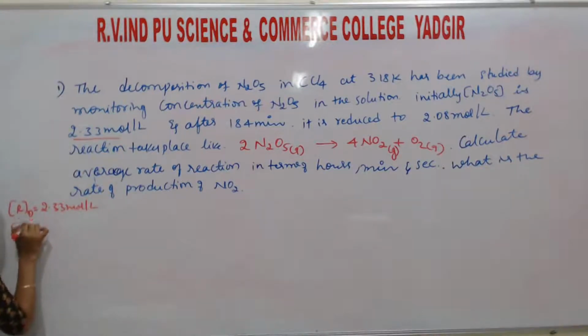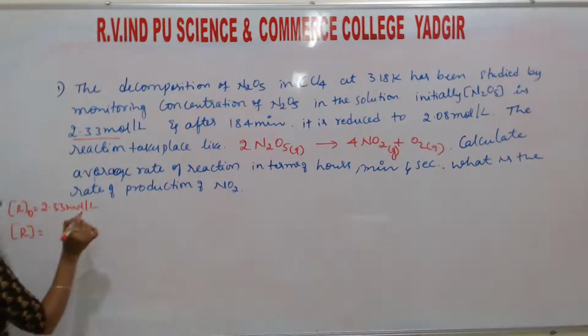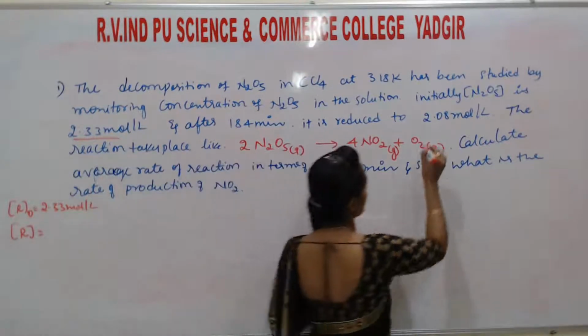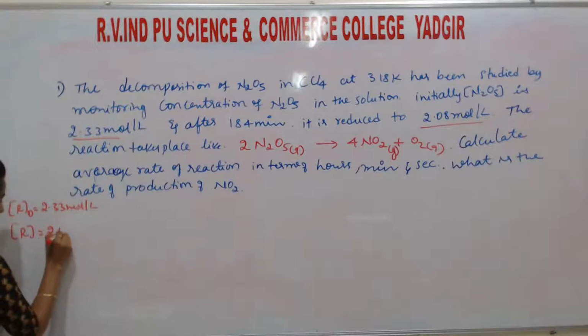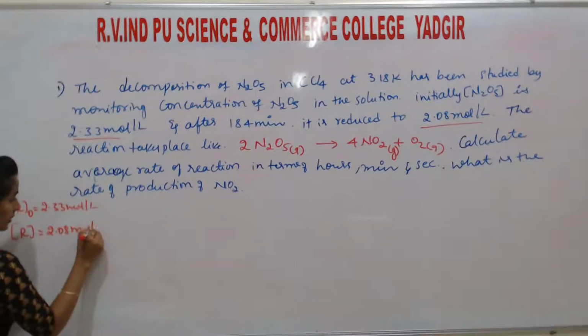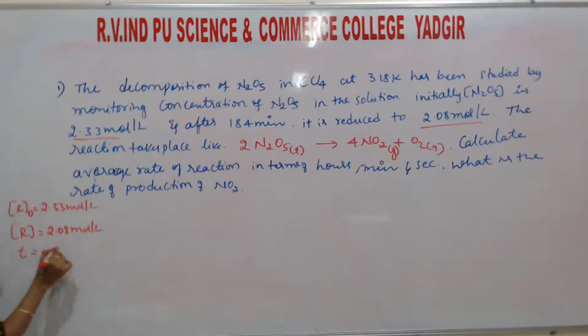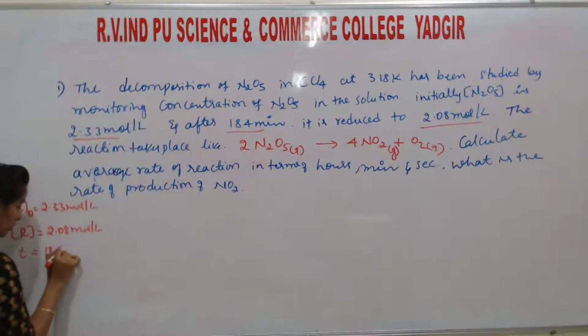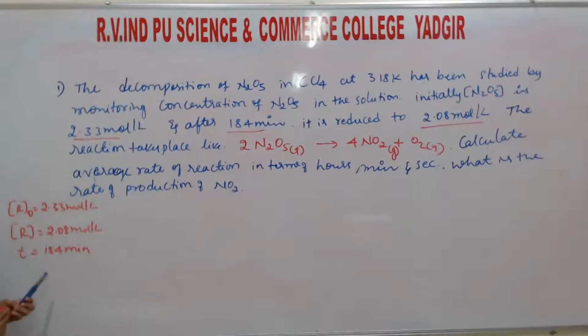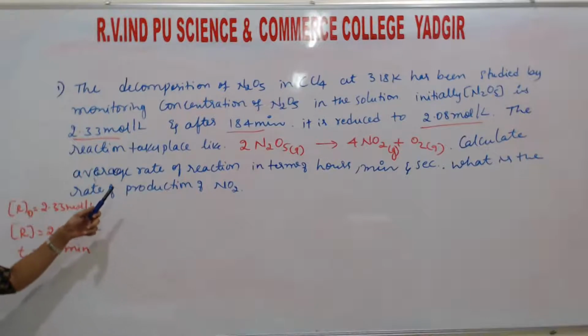Final value they gave is 2.08 mole per liter. Time they gave is 184 minutes. Okay, so you have to calculate first the average rate of reaction.